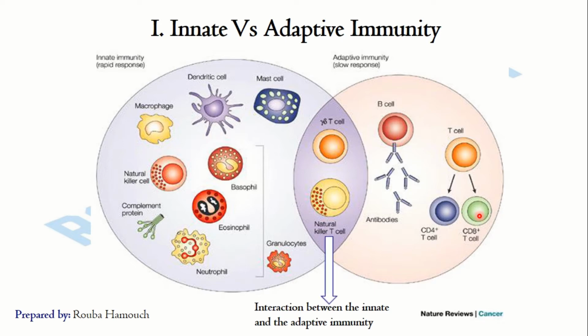Here we have an interaction between the innate and the adaptive immunity. This interaction will be discussed in other videos. The interaction is mainly between the macrophages that have digested the bacteria or the intruder and the T helper.